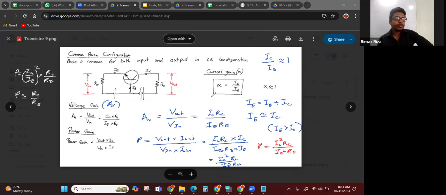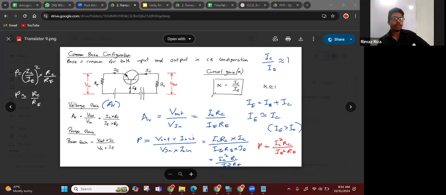So I will give you a homework. You have to draw the circuit for the PNP transistor and then obtain the voltage gain, power gain, and current gain. You have to practice, in case it comes in the exam.